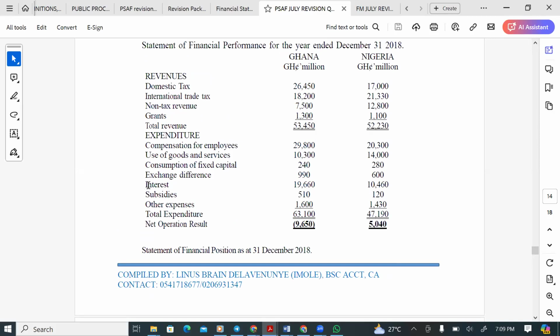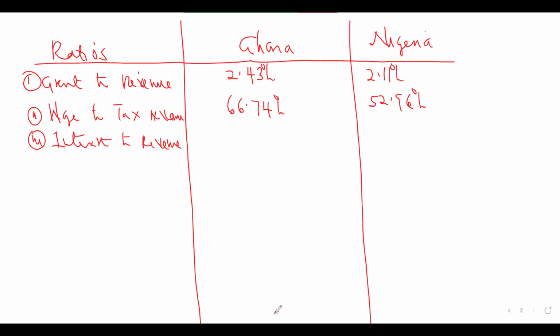So what will be the ratio for Ghana, the interest to the total revenue ratio? 36.78 for Ghana and then 20.03 for Nigeria. Okay. So let's come to the third one.